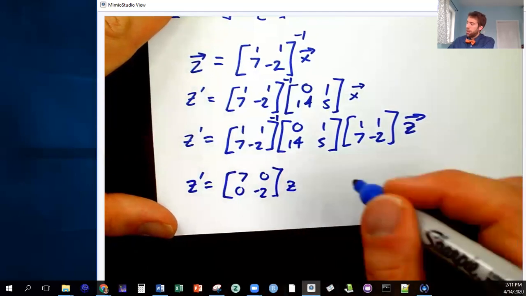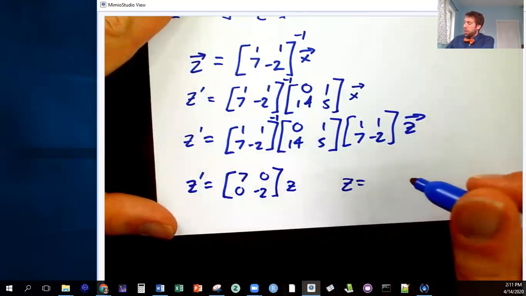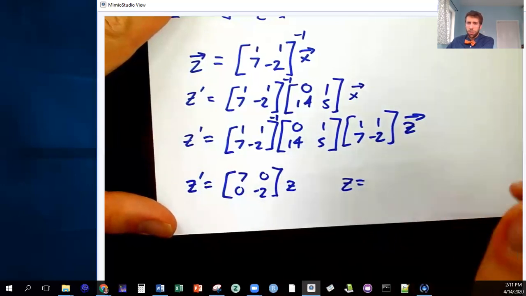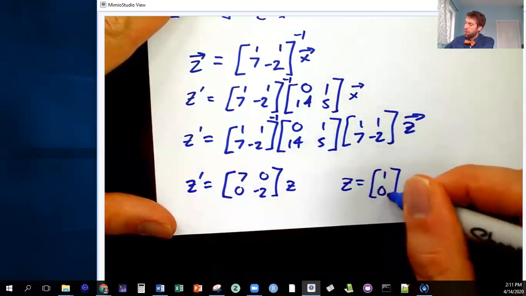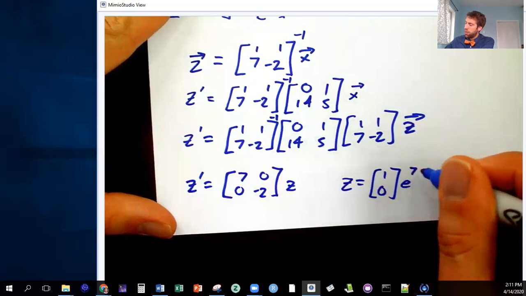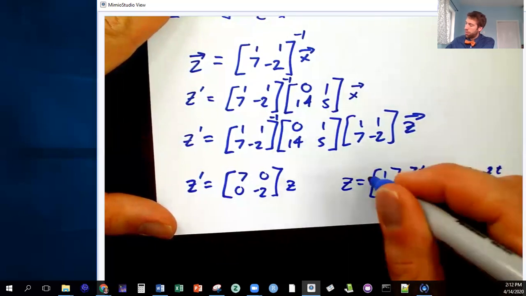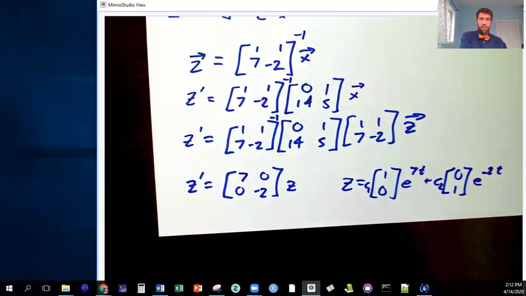Which means that z equals e to the 7t times the vector 1, 0 plus e to the negative 2t times 0, 1, with constants c1, c2 from the integration. Like I said, I'm doing this the long way; I'll do it the short way at the end of this video.